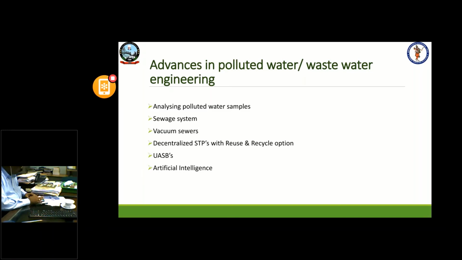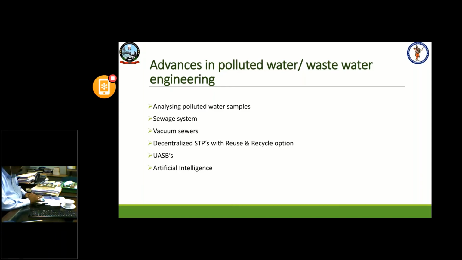Even for our institute, we have designed this, and it is going to be implemented and operated. We have to take care of drinking water and sewage treatment facilities for every educational institute, because we have large gatherings of students.